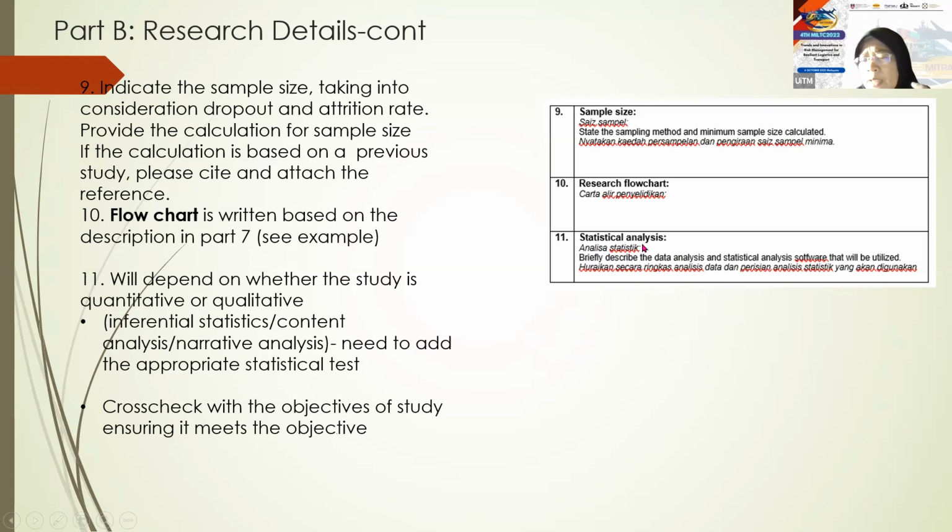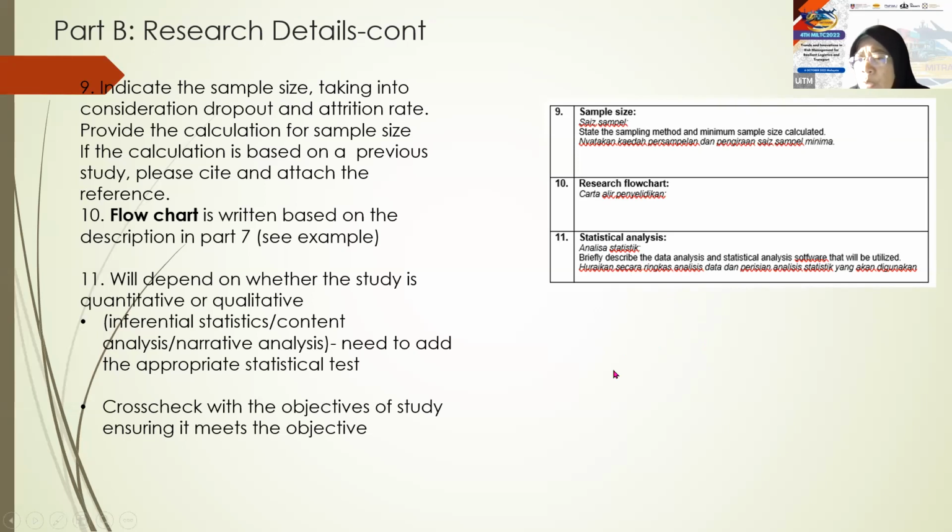So the statistical analysis here is more on, let's say you want to see the effect of a certain intervention. In your analysis, you want to do a comparison for before and after the intervention, so you specify it here.